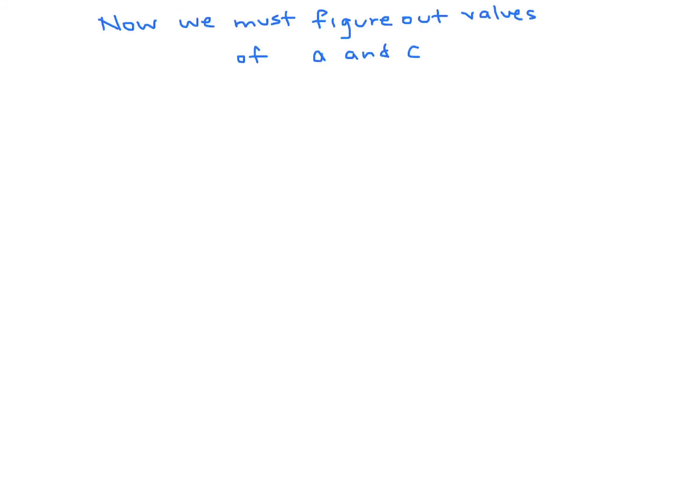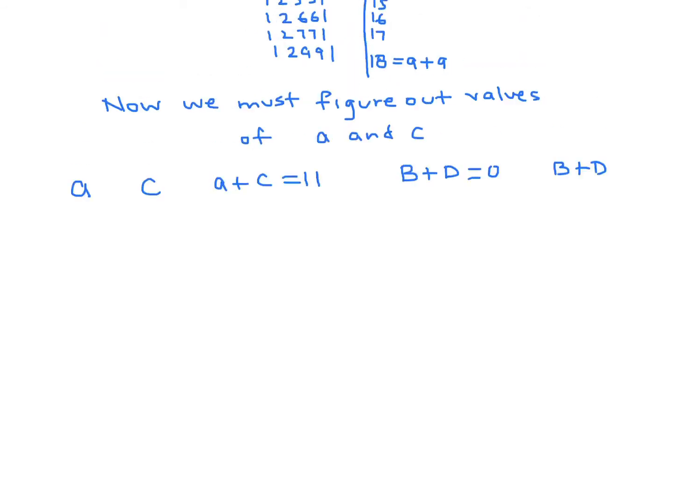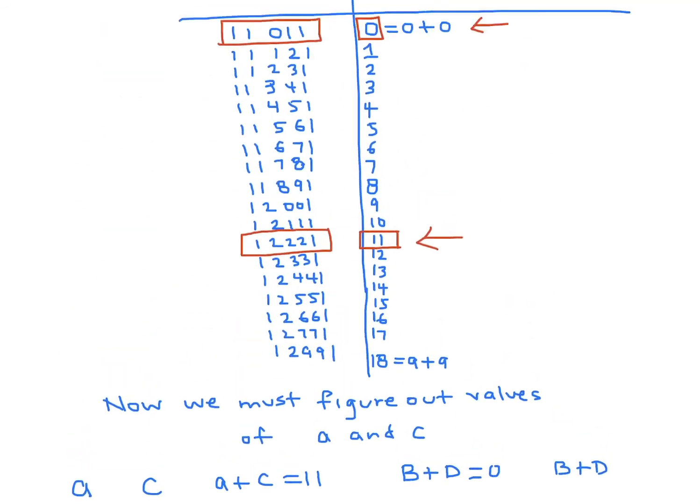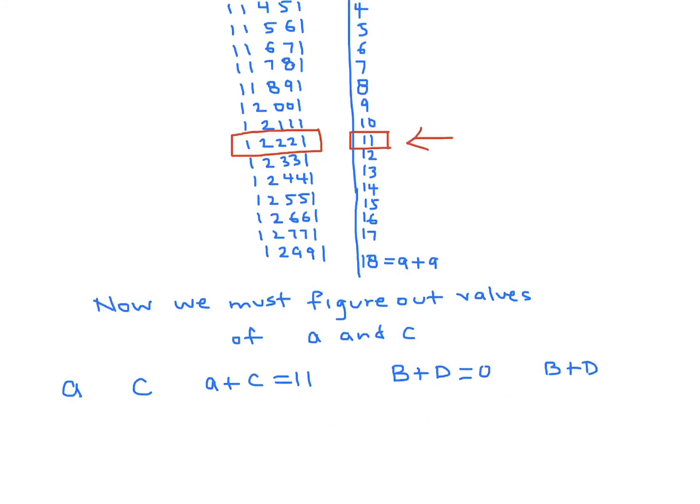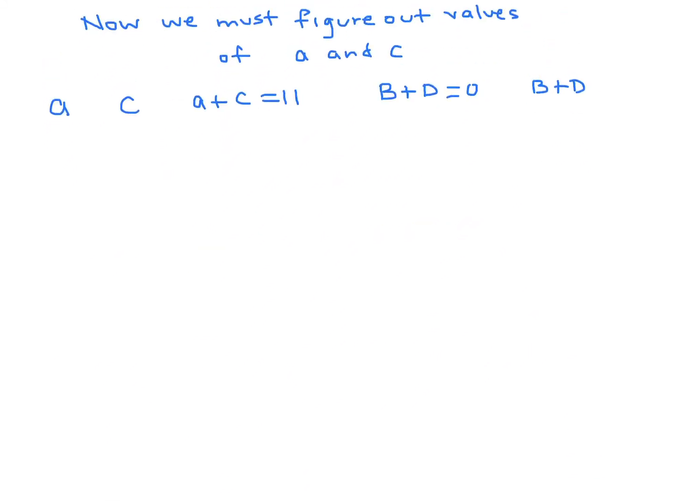So now we must figure out values of A and C. We'll make a little table. We know that A plus C is equal to 11, right? So that is definitely going to help us. And we have only two scenarios for B plus D: B plus D equal to 0 and B plus D equal to 11. These two scenarios right there.